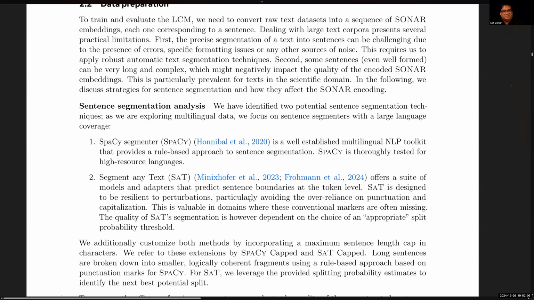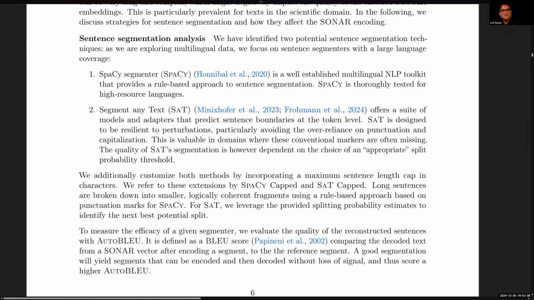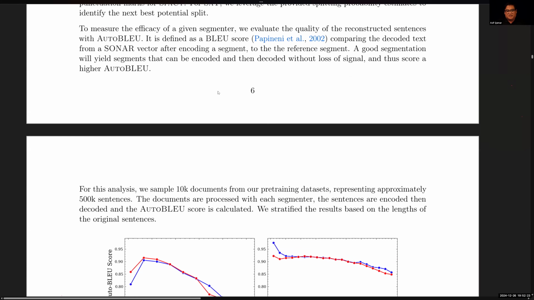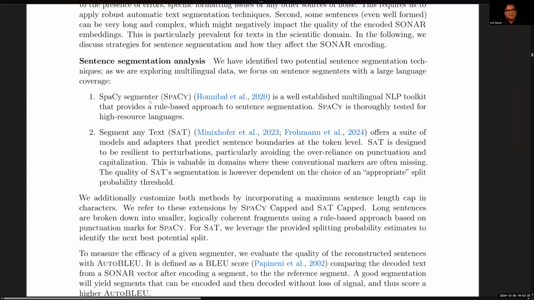Now, working through the paper, for sentence segmentation you can use spaCy or SAT to segment any text. One of the results they showed is that if your text is very long, it doesn't help the encoder and decoder, and performance goes down. So they create capped versions of the spaCy segmenter and the SAT segmenter, which they call spaCy Capped and SAT Capped.